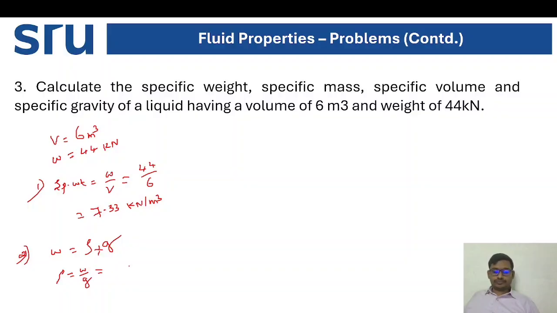So rho is equal to W means 7.33 kilonewtons per meter cube, convert into newtons per meter cube, just for kilo you write into 1000, by 9.81. So that is equal to 747.5 kg per meter cube.